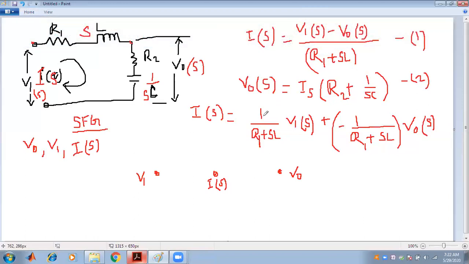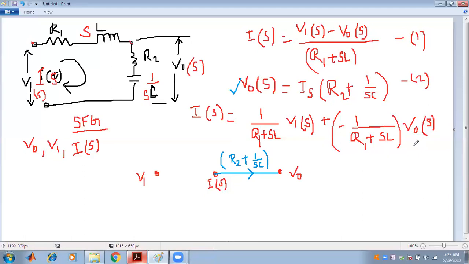first. In order to go through these details, V0 is equal to Is into R2 plus 1 by SC. So here we can write straight away that Is is multiplying with R2 plus 1 by SC to find V0 from that equation 2.